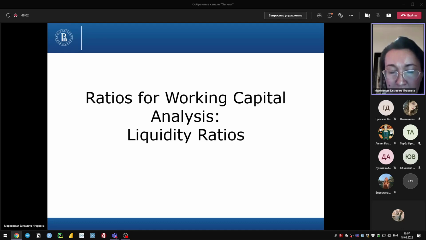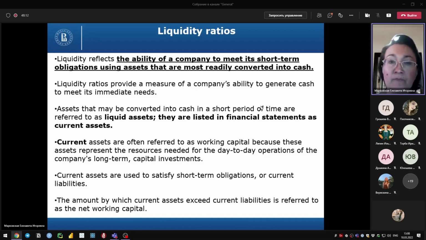In our previous lectures, or maybe earlier, we have mentioned the terms liquidity and liquid assets. So let's recall liquidity. Liquidity is the ability of a company to meet short-term obligations using assets that are most readily converted into cash.